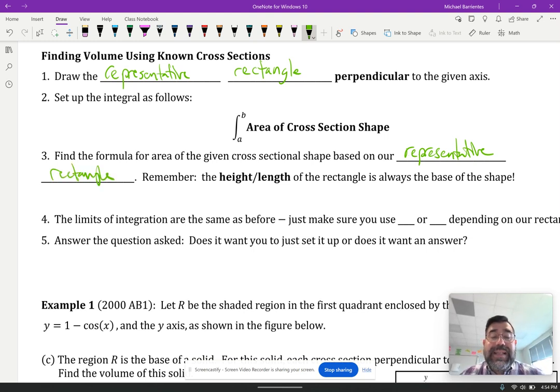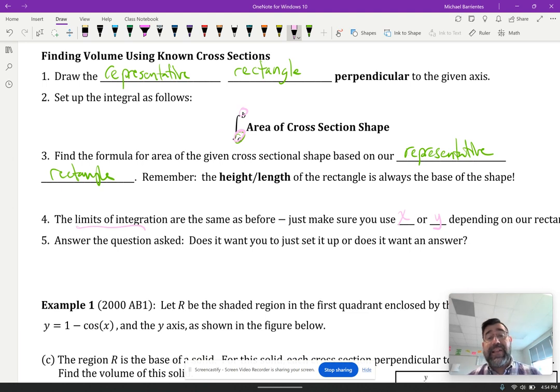Remembering that the height and the length of the rectangle is always the base of that shape that we're using, right? And then we're going to write our limits of integration. This is what I was telling you. These numbers, the limits of integration, you got to make sure, are they x values or the y values? Depending on what the cross-section is perpendicular to, that's going to tell you what type of values they are.